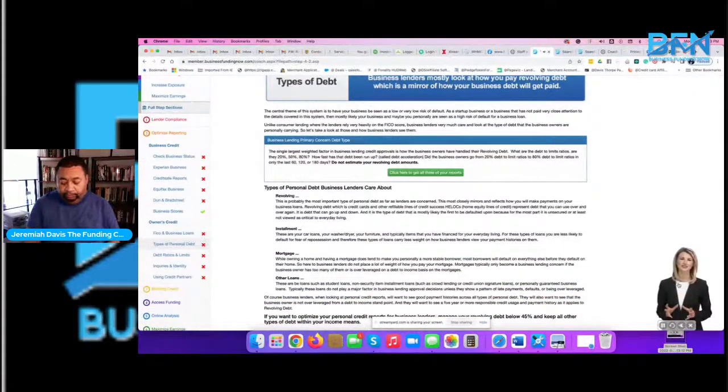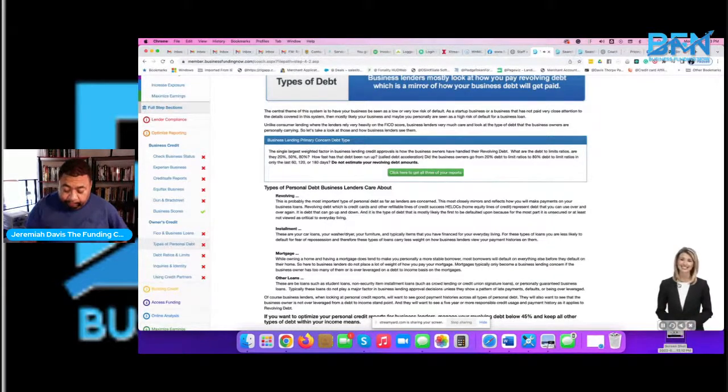The central theme of this system is to have your business be seen as having a low or very low risk of default. As a startup business or a business that has not paid very close attention to the details covered in the system, then most likely your business, and maybe you personally, are seen as having a high risk of default for a business loan.